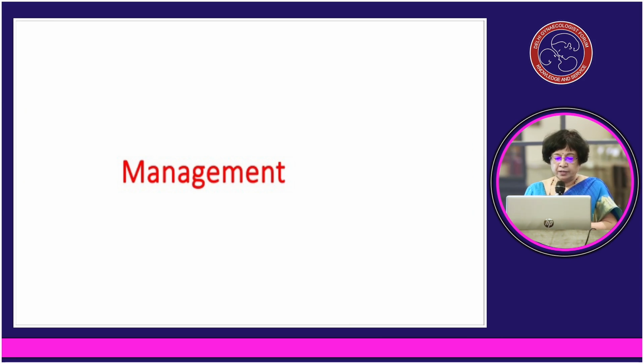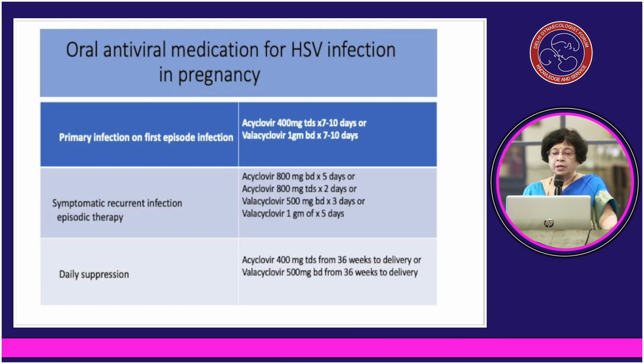So the management: oral antiviral medication for HSV in pregnancy, acyclovir and valacyclovir. The doses would be 400 milligrams TDS for 7 to 10 days, or valacyclovir 1 gram BD for 7 to 10 days. For symptomatic recurrent infection, that is episodic therapy, acyclovir 800 BD for 5 days, or 800 TDS for 2 days, or valacyclovir 500 BD for 3 days or 1 gram for 5 days.